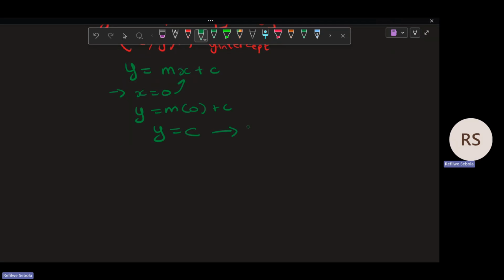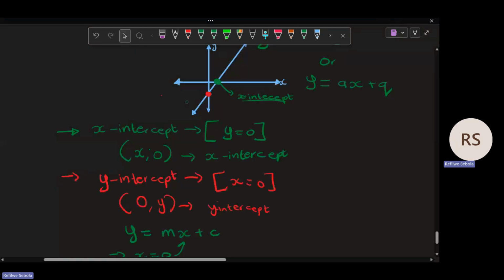So that is the first thing that we have to know. Where the graph touches our x-axis, we are going to have an x-intercept. When the graph touches our y-axis, we are going to have our y-intercept.